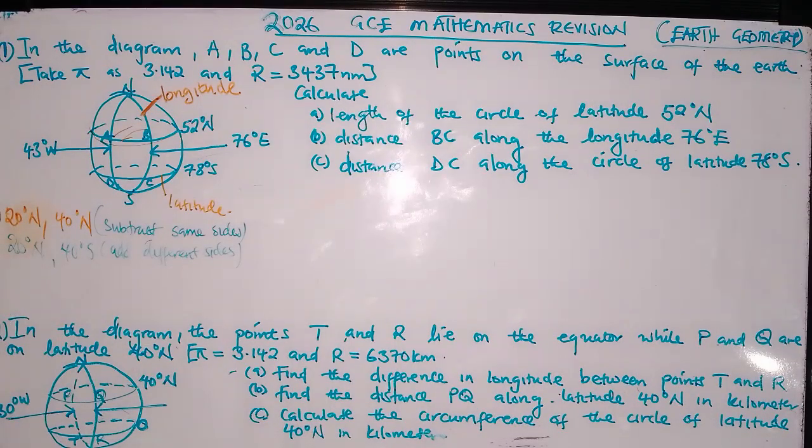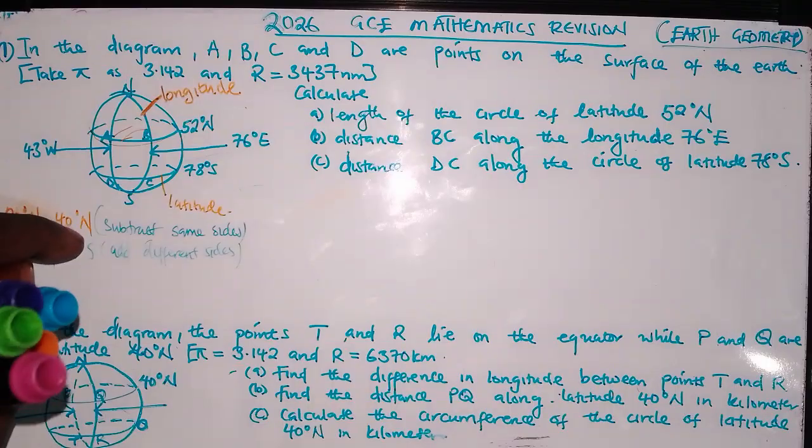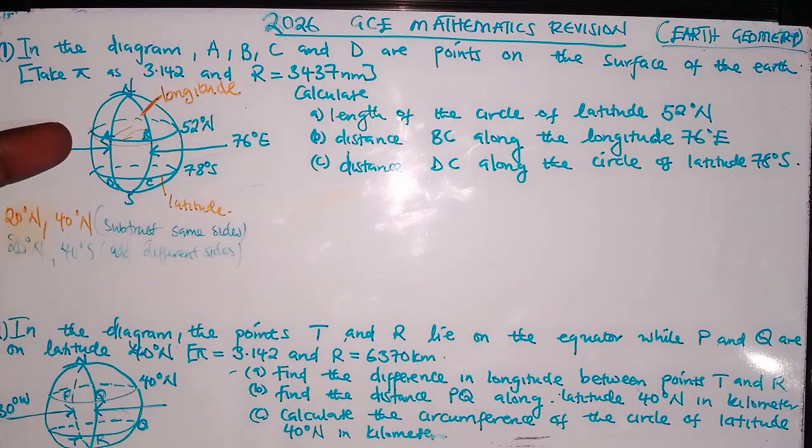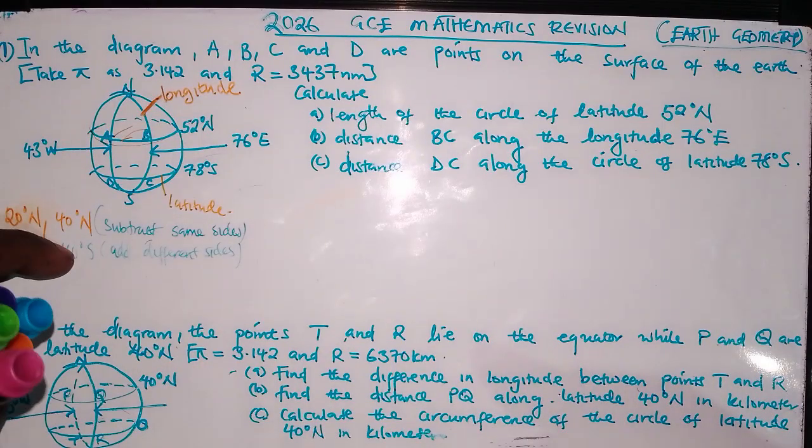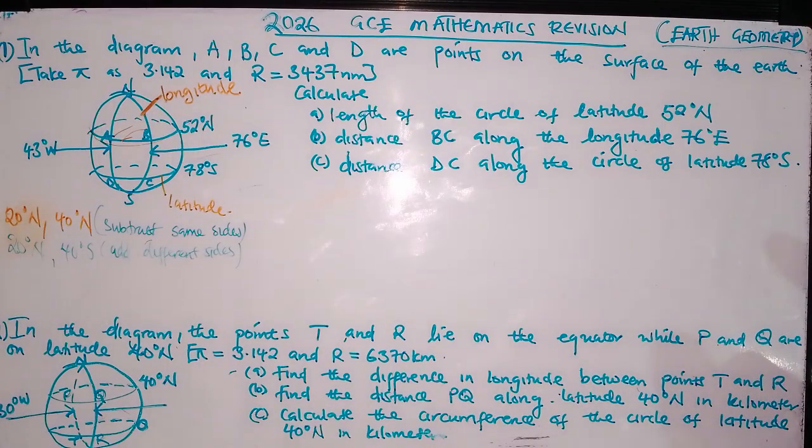I'm not saying that only when you have north you can subtract. You can have west, as long as they are the same side, subtract. As long as they are different, add them.